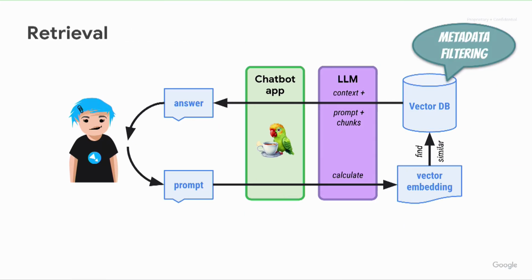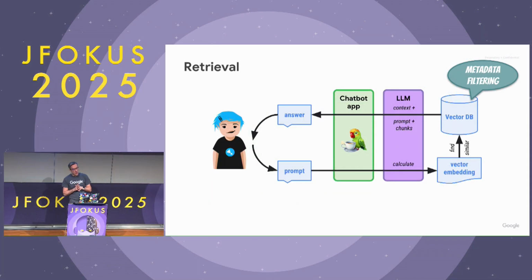Metadata filtering, so that's when, let's say I have a big database of all the capitals in the world, and then I want to just filter the ones I'm interested in. So for example, if I ask questions about Berlin, I just want vectors about Berlin. If I ask questions about Stockholm, just the vectors about Stockholm.